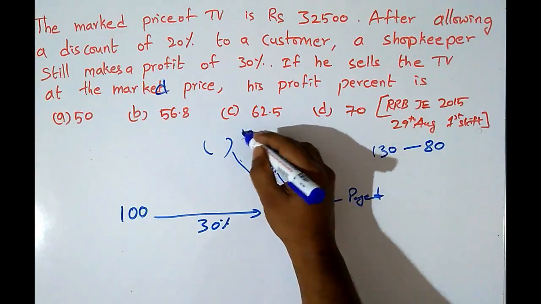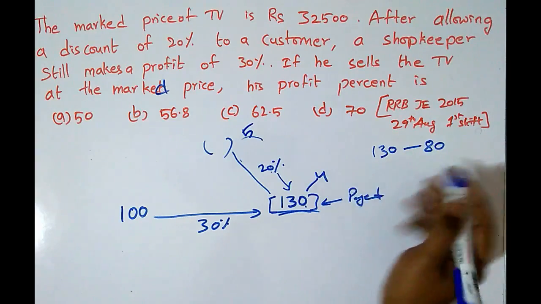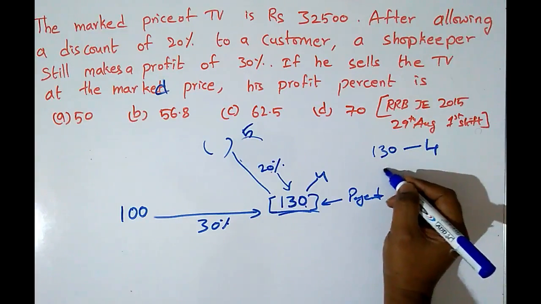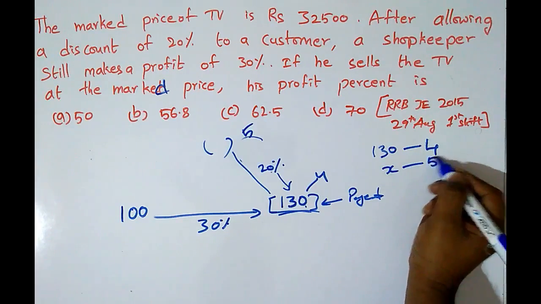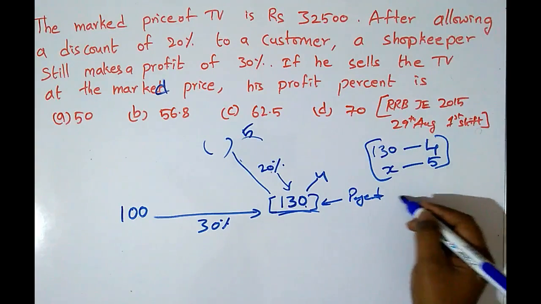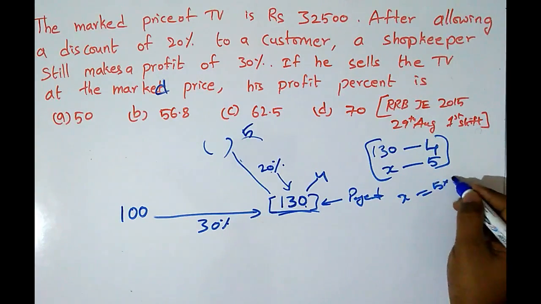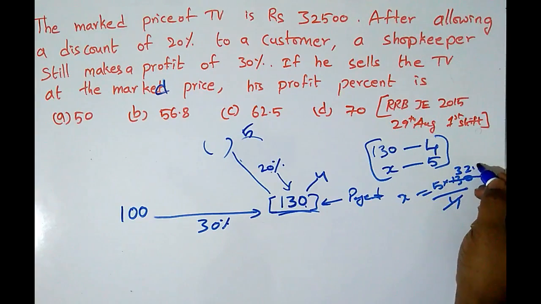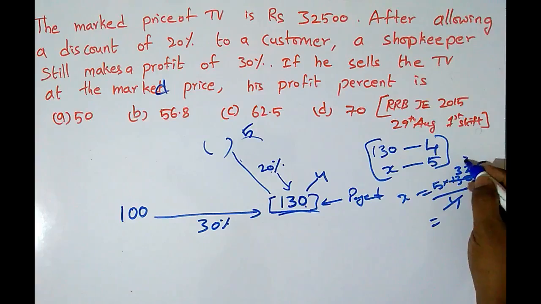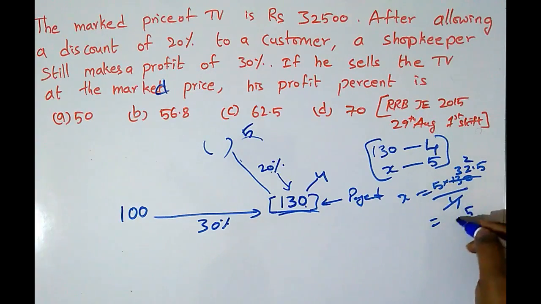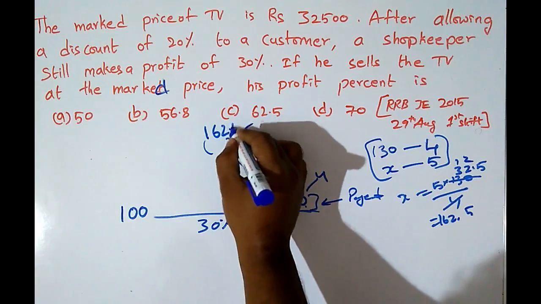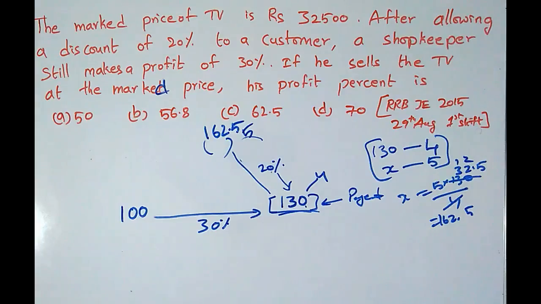Or we can take this is 5, this is 4. If 130 is 4, then what is 5? We have to find this. X is equal to 5 into 130 by 4. We get 162.5, friends.